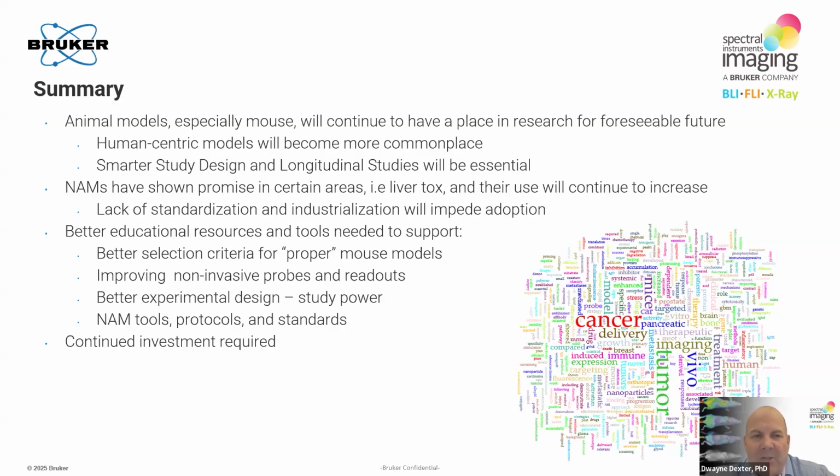But we also need to continue to educate and encourage smarter study design and the use of longitudinal studies, whether it's longitudinal imaging or using imaging coupled with other endpoint readouts to maximize the use of these cohorts of mice. NAMs have shown great promise in certain areas. I highlighted liver tox, which is definitely an important area where I think these organ on a chip or other NAM methods will have critical value.